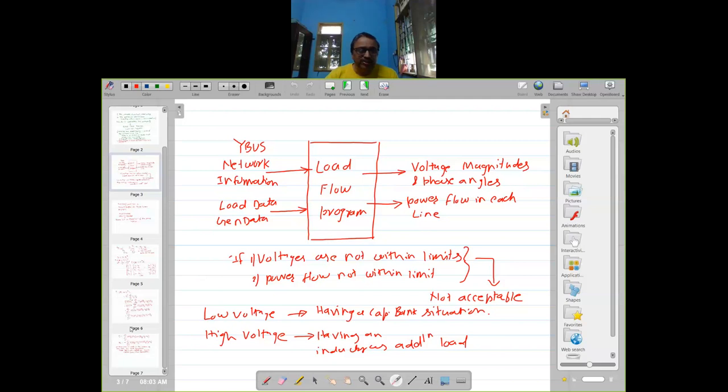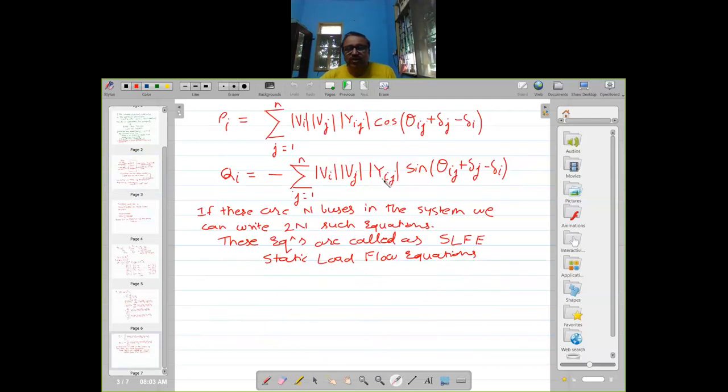So in this, what are the unknowns? Since this is the output of the load flow program, these voltages will be the unknowns, and the angles delta j, delta i are also unknowns.